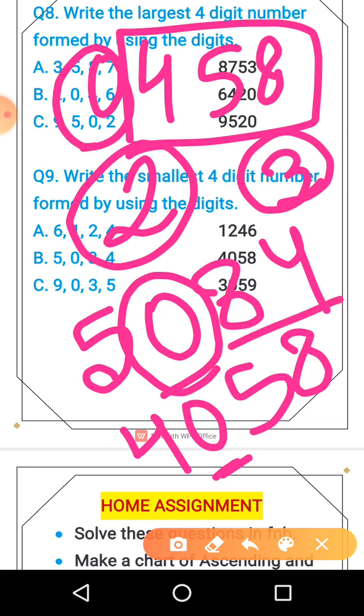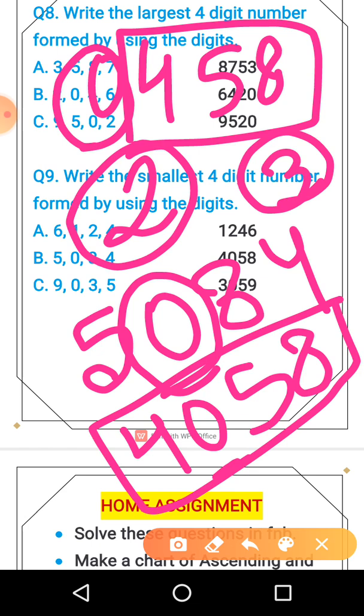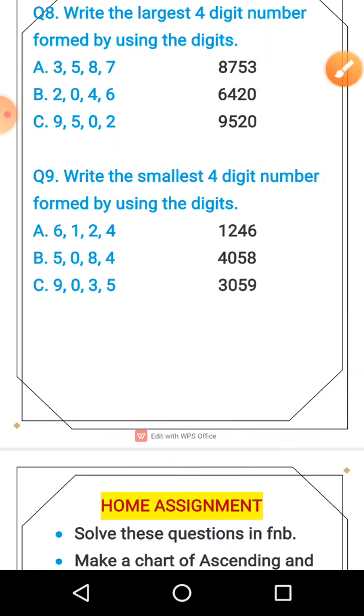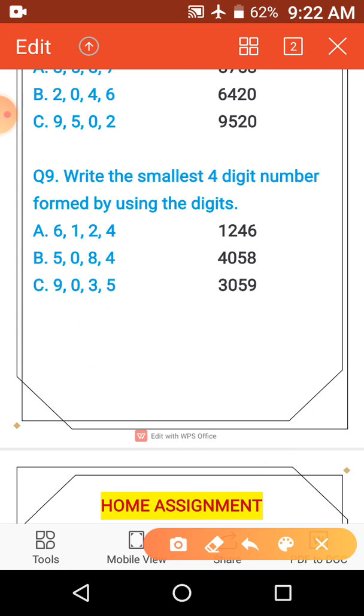That's why we always put 0 at the second place in ascending order. When we are going to create the smallest number, we put 0 at the second place.